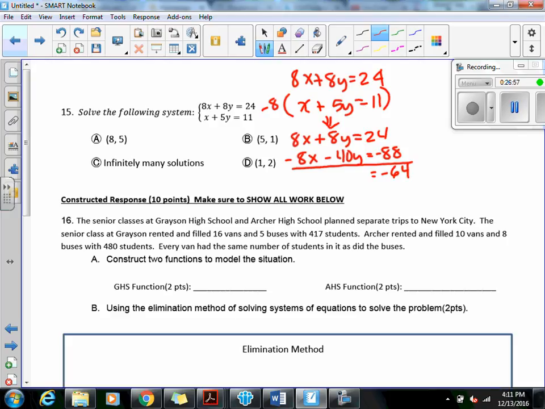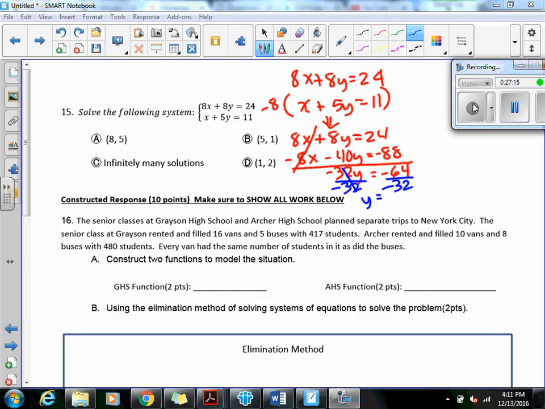And then 40 minus 8 is 32y, but it's going to be negative, and the x is gone. Now we divide both sides by -32 so we can get y isolated. So y is going to equal +2, because a negative divided by a negative is positive.